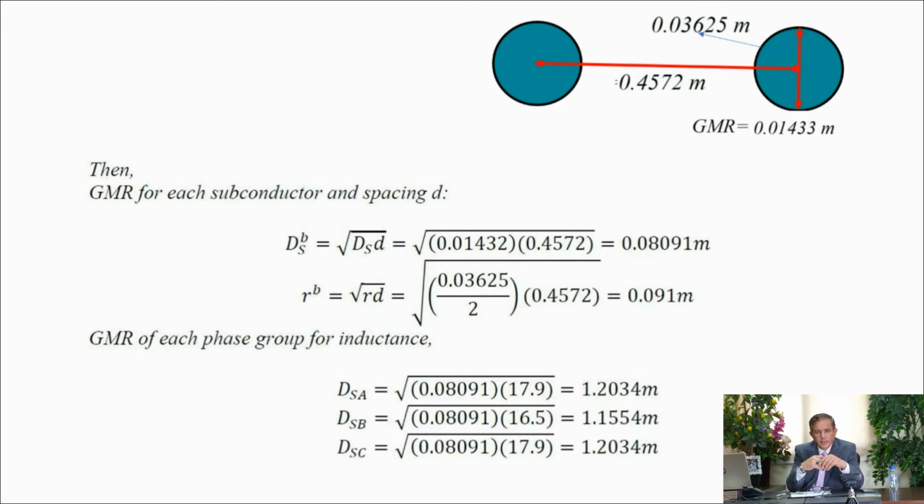As if I calculated the equivalent radius for phase A, equivalent radius for phase B and for phase C. This will be repeated again for the capacitance, but I'll use RB and the other distance, which is 0.091.